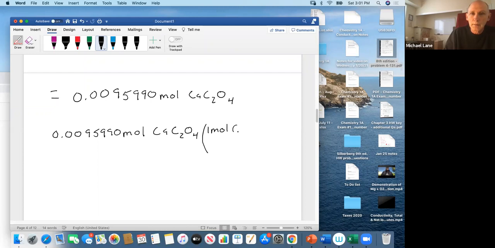That many moles of Ca2+ per mole of calcium oxalate.